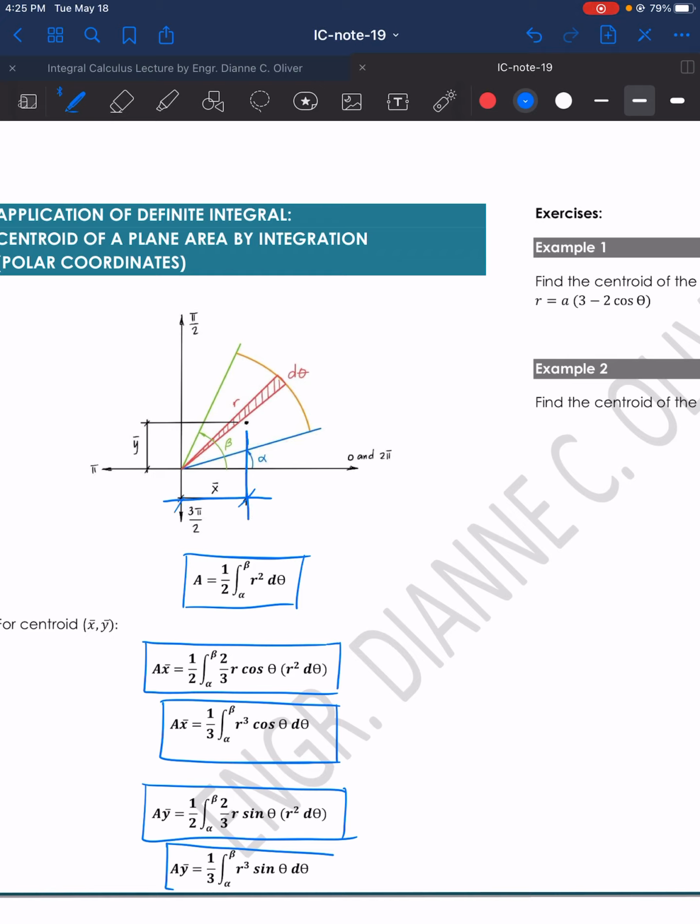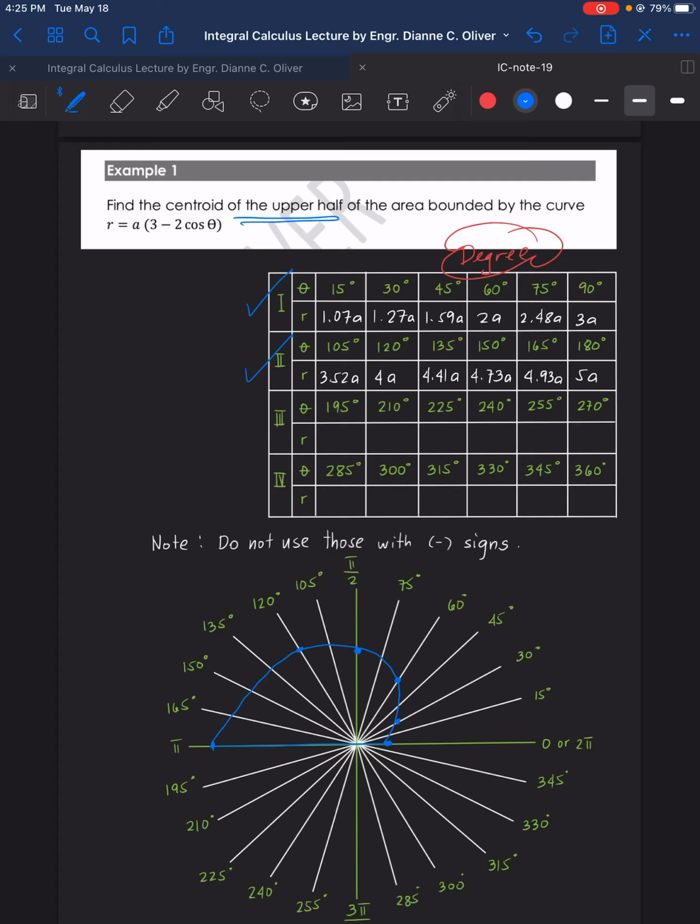And y bar is vertically from the point of origin up to the location of the centroid. So the same is true here. What we're looking for is the location of the centroid.